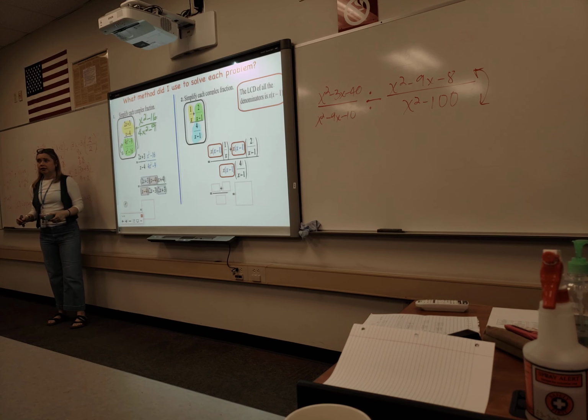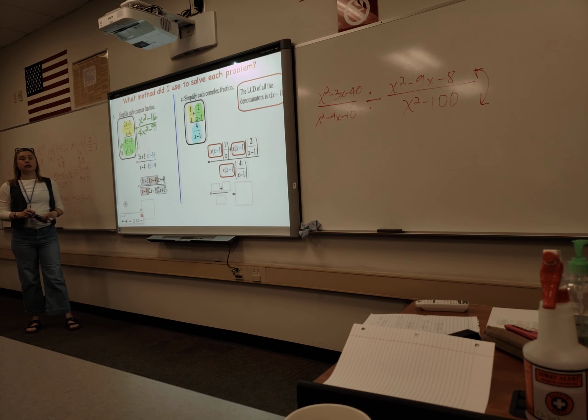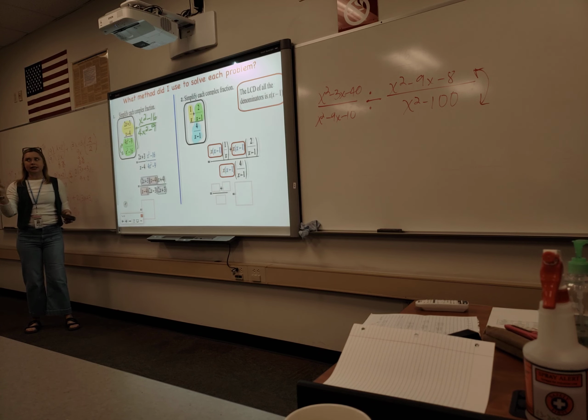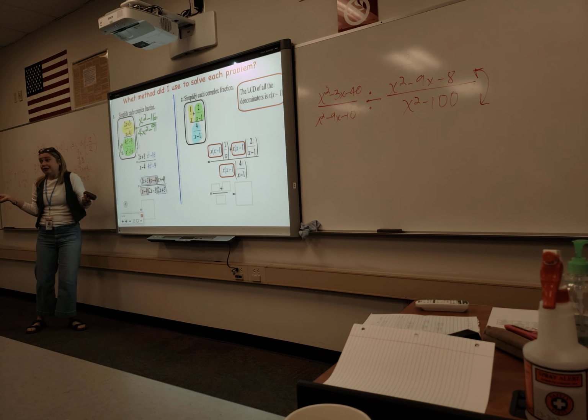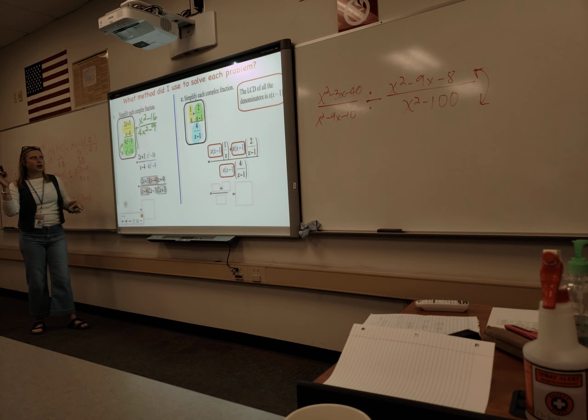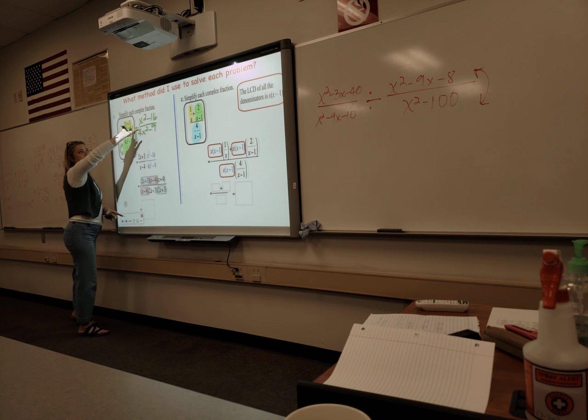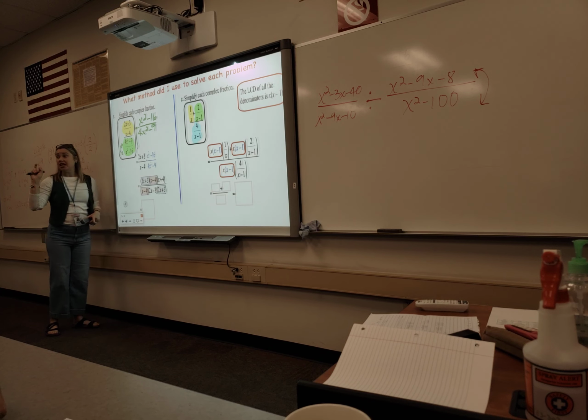Yes? Are there gonna be certain times when we do and do not wanna flip it like that, or is it just whenever we want, like whatever's easiest? Well, the answer is whatever's easiest, and whatever's easiest is what you're allowed to do, basically. Here, since you only have one fraction here and one fraction here, you can take this, flip it upside down, and multiply across, and that works.